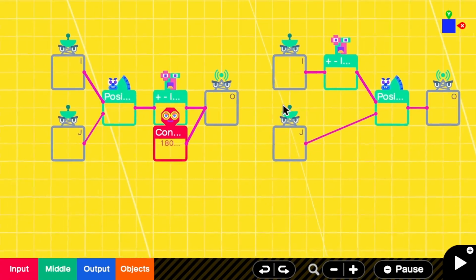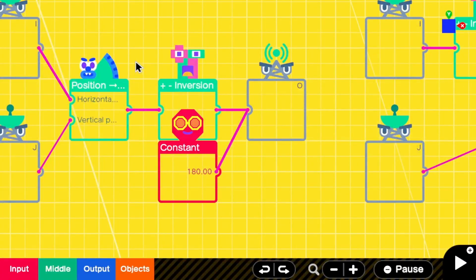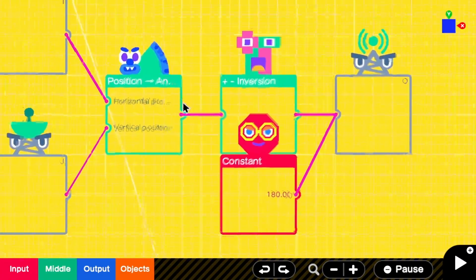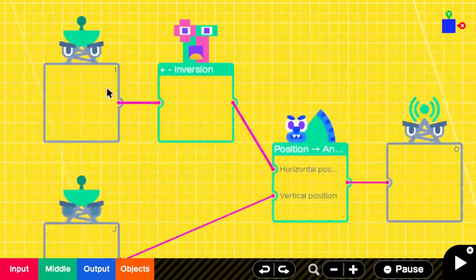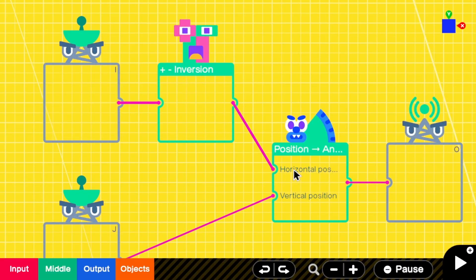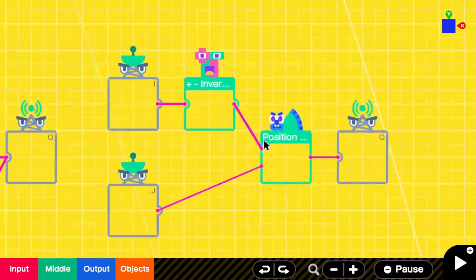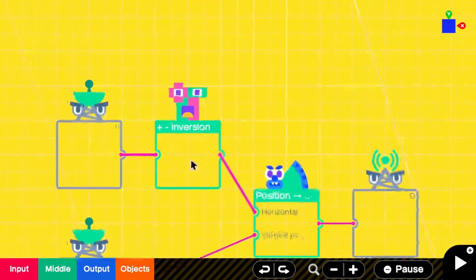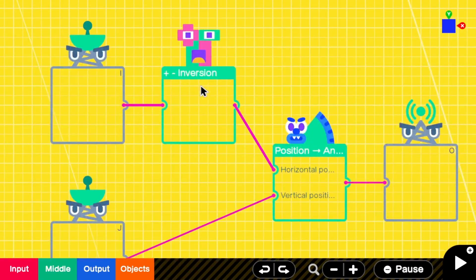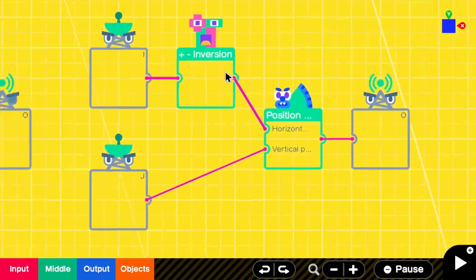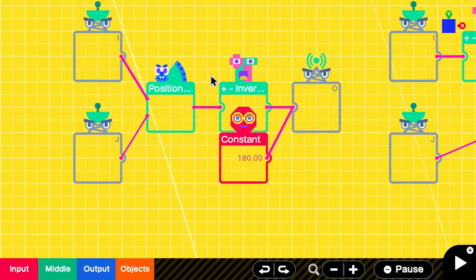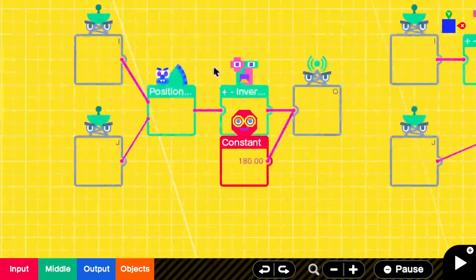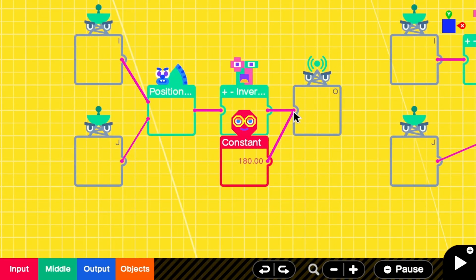And then lastly, if we want to invert and add 180 to our angle output here, we can just instead invert the horizontal input of the position to angle nodon, or vice versa. If we have an inversion here and we want to get rid of it, we can just change from here to here and potentially save these two nodons if we have a map or some other nodon that can do addition and inversion at the output.